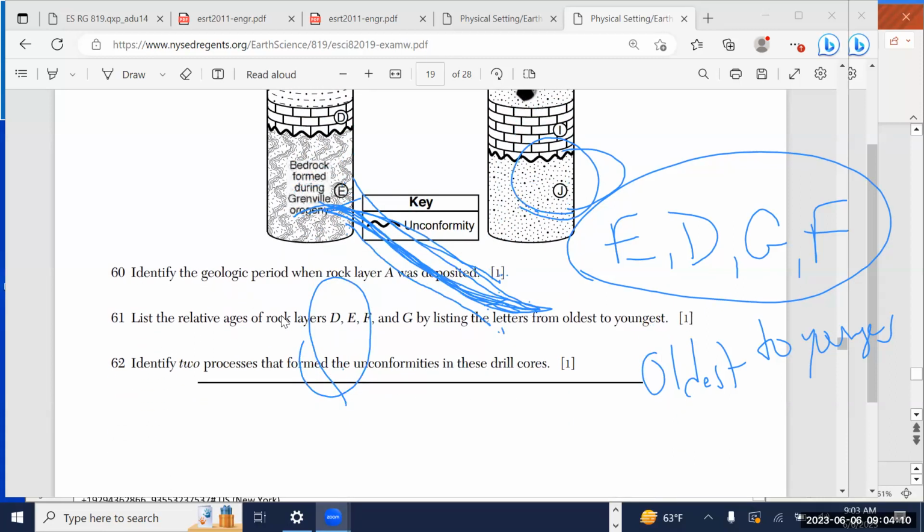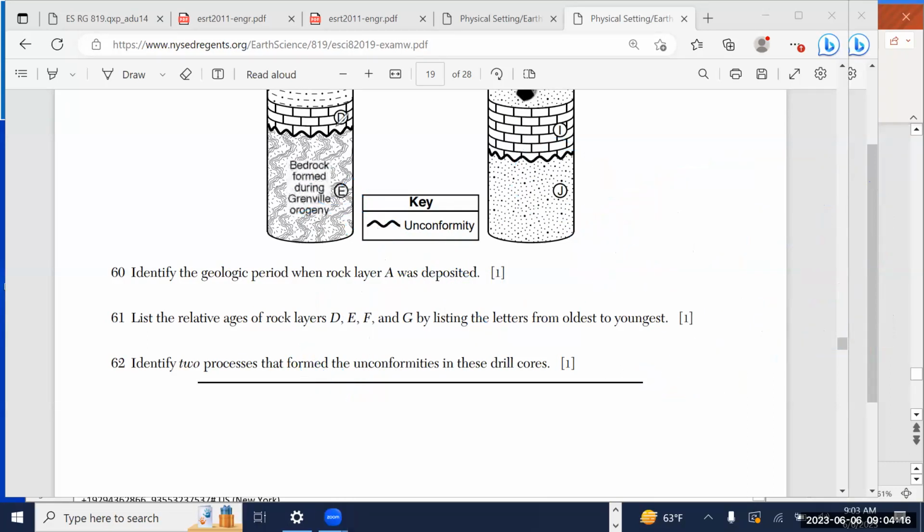So number 62 states, identify which two processes formed the unconformities in these drill cores. These lines right here are unconformities. And if you remember when we learned what causes these unconformities, what causes a sudden shift in the patterns, right?